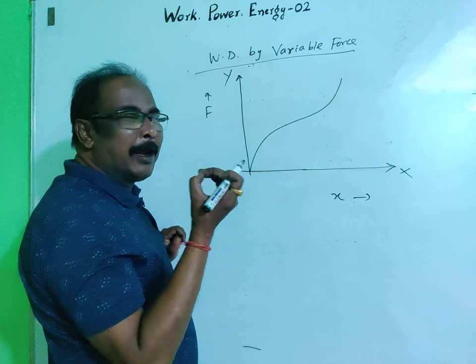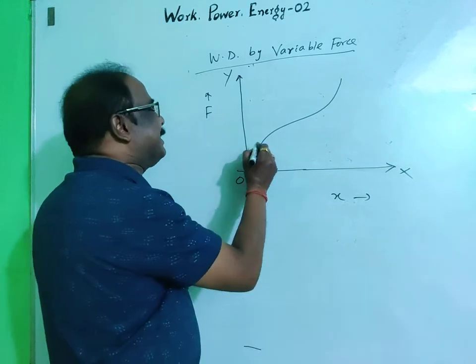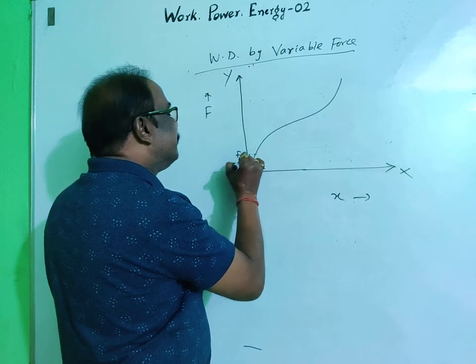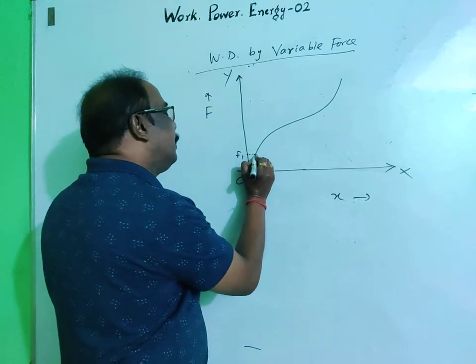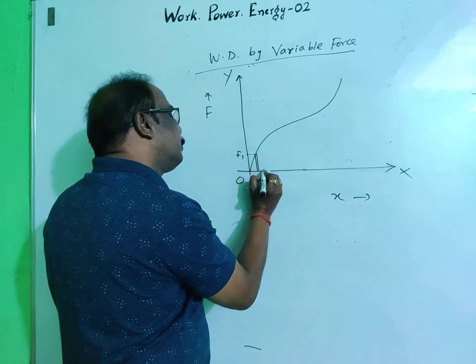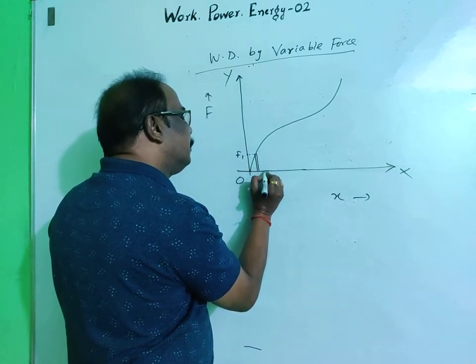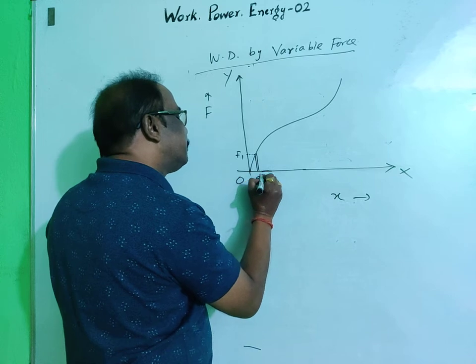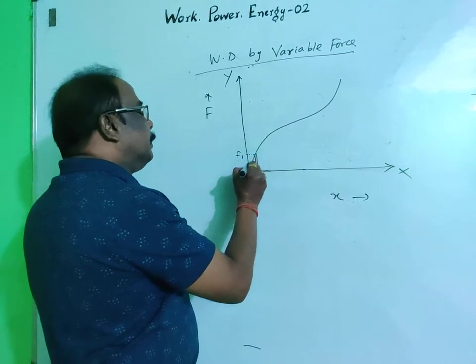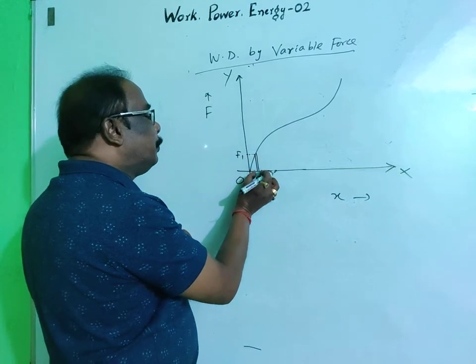By using the graphical method. See, suppose we consider that the magnitude of force is F1 and it displaces the body through a very small displacement, that is dx. F1 displaces the body through dx.